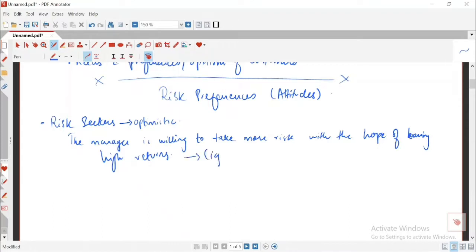Here also we have to ignore probability. Okay. Who are those risk seeker people?